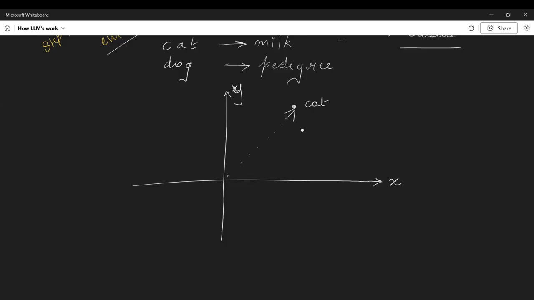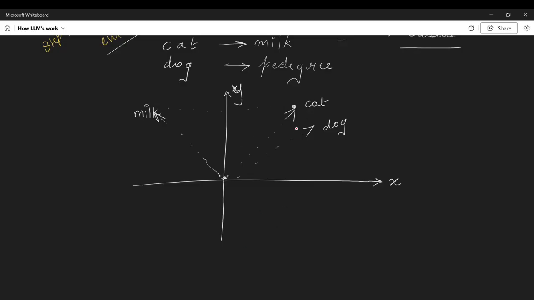And since cats and dogs are both domestic animals, the plotting of dog will be somewhere nearby. Since the cat likes to drink milk, the plotting of milk will also be in and around the cat, but not in the same quadrant, though it would definitely be at the same distance from the reference point.